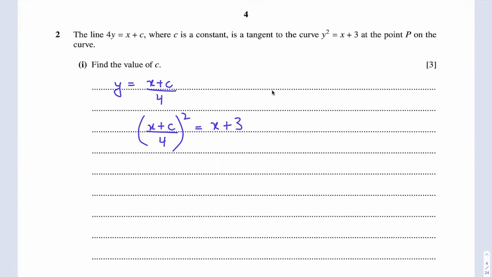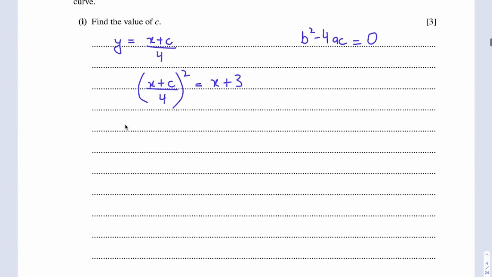Now, as it is only one point of intersection and there's an unknown constant, we'll be using b squared minus 4ac, and it will be equal to 0 as it is a tangent. So expanding this, we'll get x squared plus 2xc plus c squared upon 16 is equal to x plus 3. Cross multiplying, we'll get x squared plus 2xc plus c squared is equal to 16x plus 48.